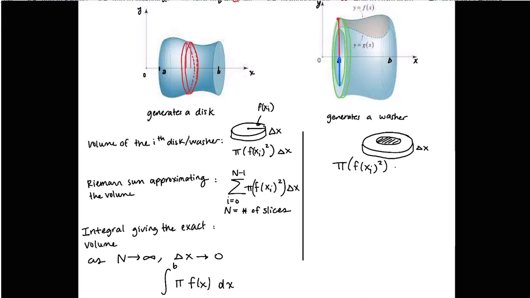Then we take away the area of the smaller inner circle, which is pi times g of x sub i squared. That's kind of a terrible way to write it, so we'd probably factor out the pi. We tend to call f of x the outer radius and g of x the inner radius. That's our area function, A of x sub i.